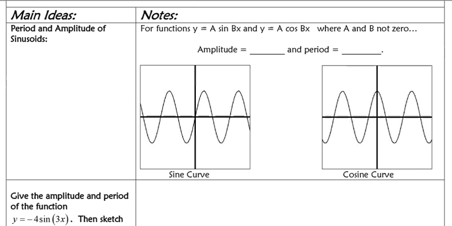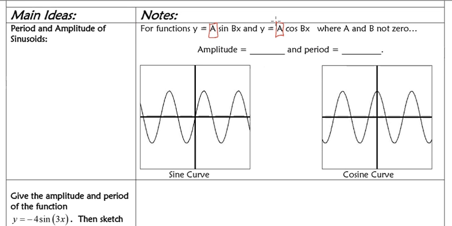Okay. So for a standard sine wave, the maximum height is 1, which we know from the unit circle, and likewise the minimum height is -1. If we adjust the a value, then we change the maximum and minimum values, meaning we change the amplitude.